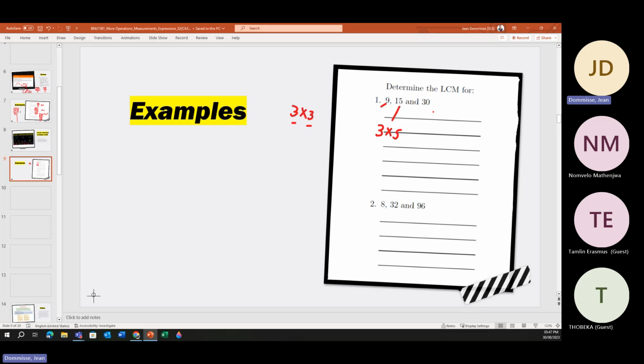If we look at 30, well, 30 is 2 times 15, so it is 2, 3 and 5. So what would you then say is the least common multiple in this one, where we have 3 and 3, 3 and 5, 2, 3 and 5?